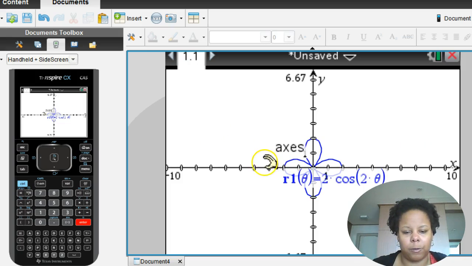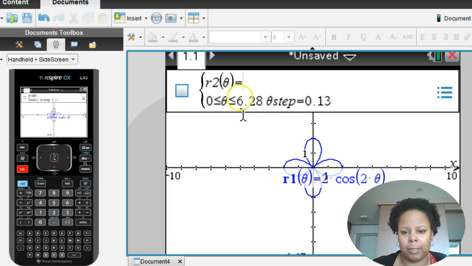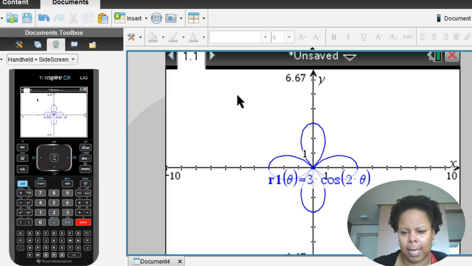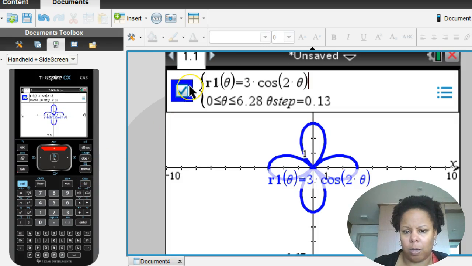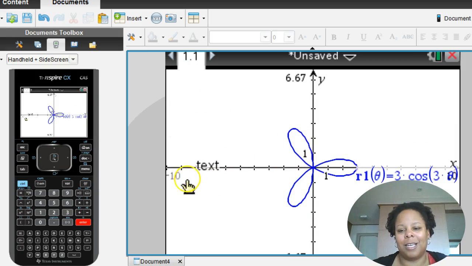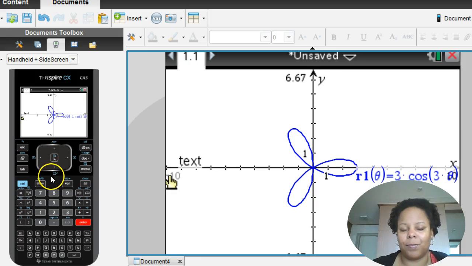They call these petals. And if I were to increase the a to 3, and we can do this with sliders really easily in class, the petals get bigger. And if I want to increase or decrease the number of petals, I change the b in the cosine value.